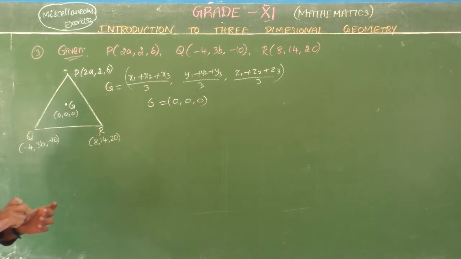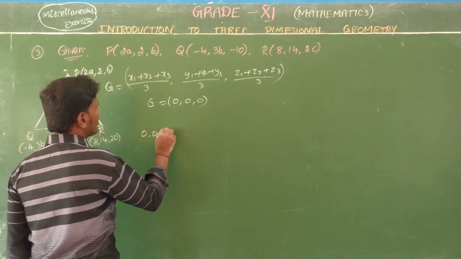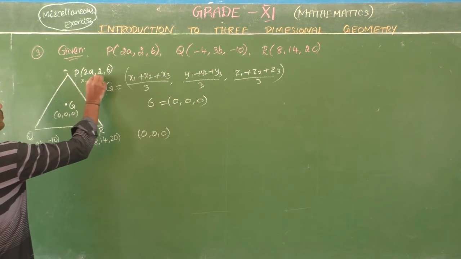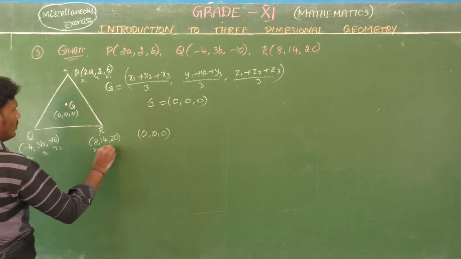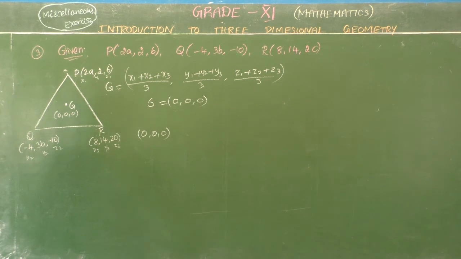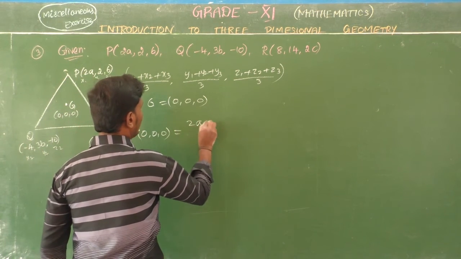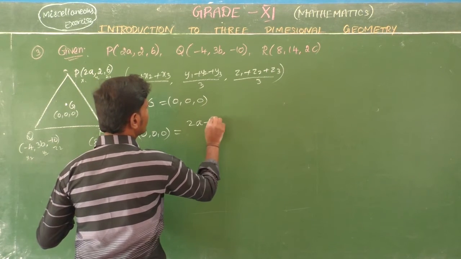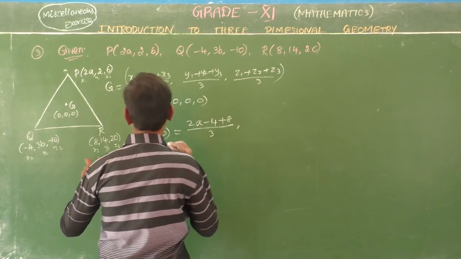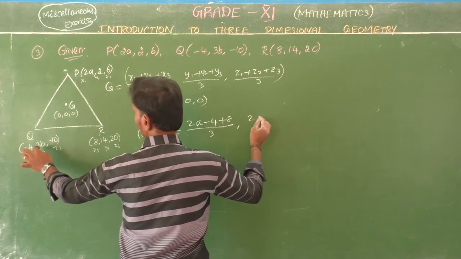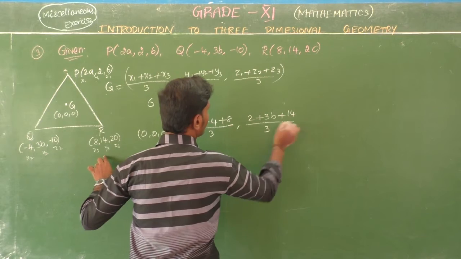Now I am going to substitute the 3 points in the centroid formula. So x1 is 2a, plus x2 is minus 4, plus x3 is 8, whole divided by 3. y1 is 2, y2 is 3b, plus y3 is 14, whole divided by 3.